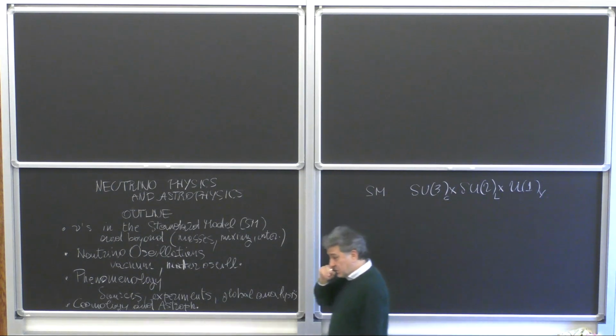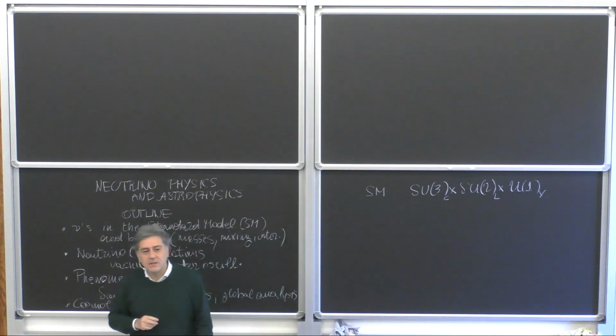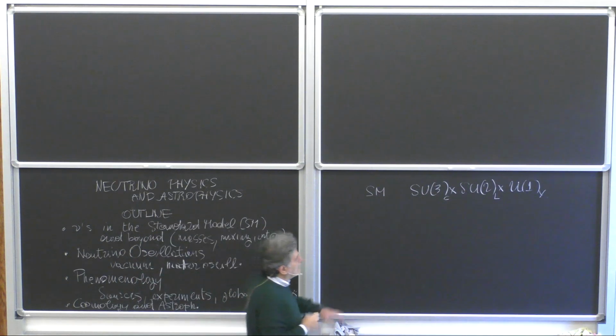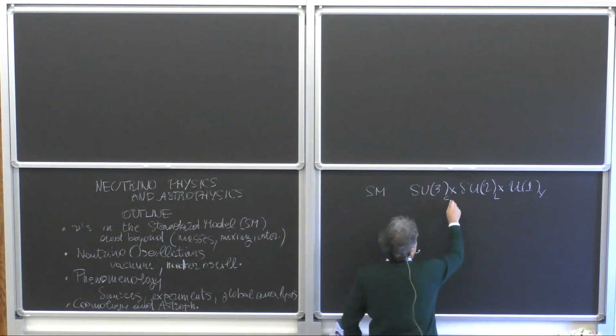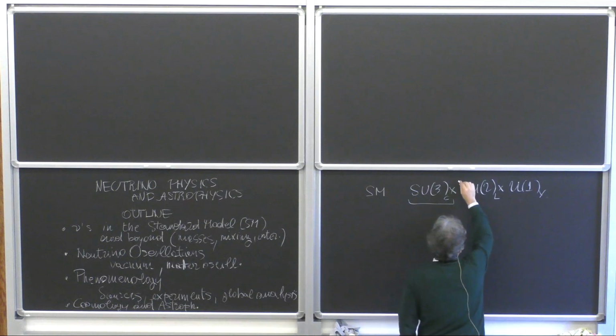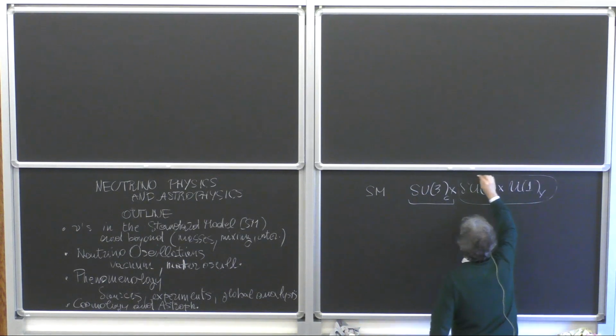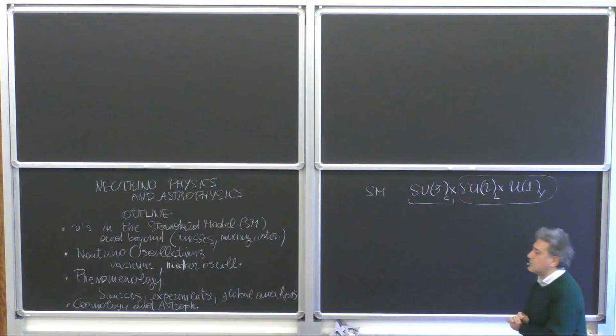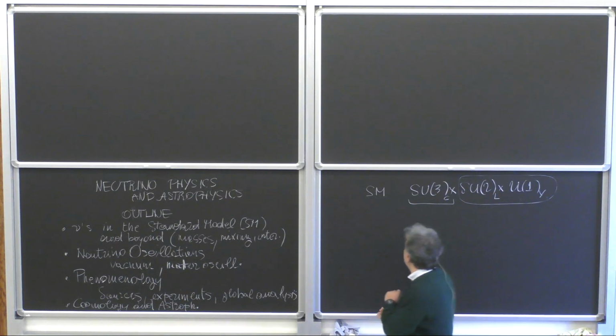And since we are interested in neutrinos, so in weak interactions, we will not discuss SU(3), but concentrate only on the SU(2) times U(1) subgroup.